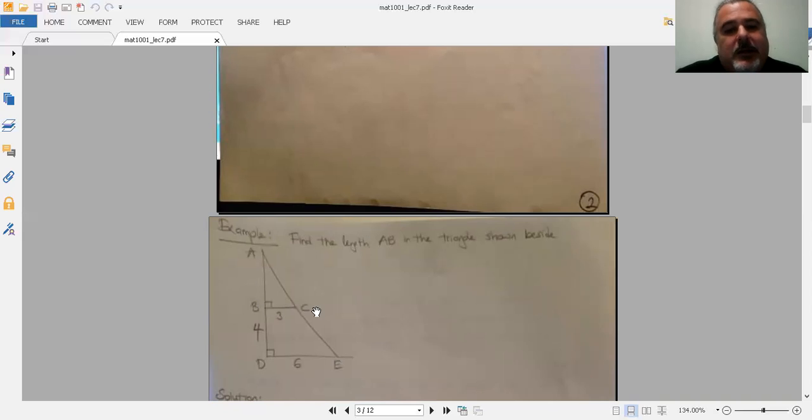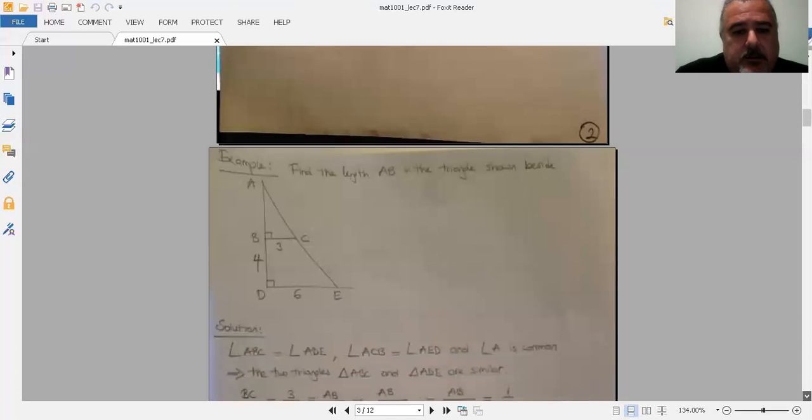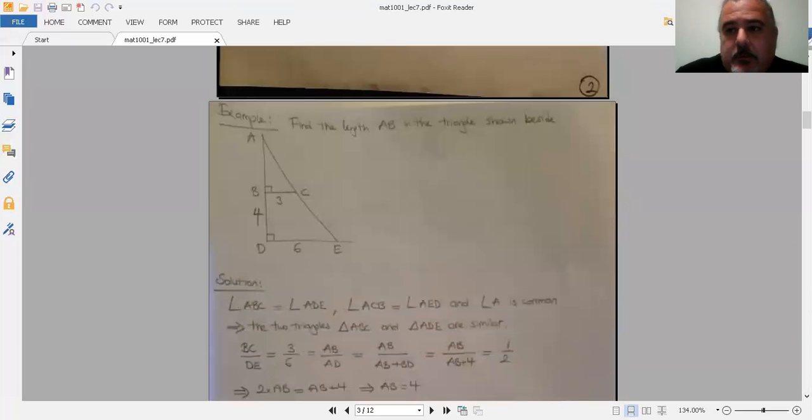Okay, we can easily again apply the rule of proportion. Let's check. BC over DE is 3 over 6. So AB over AD should be 1 over 2.